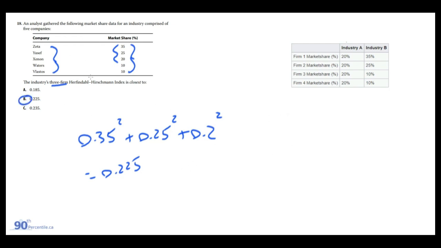Really quickly, the difference between the HHI and the N-firm concentration ratio. I have another example here that I can use to demonstrate, but the short answer is that the HHI accounts for the relative size of the firms just by squaring these values. If you look at this example here, we have industry A and industry B, 4 firms and their respective market shares. The concentration ratio, if I just summed all these up for the top 4 firms, would be 80% for both.